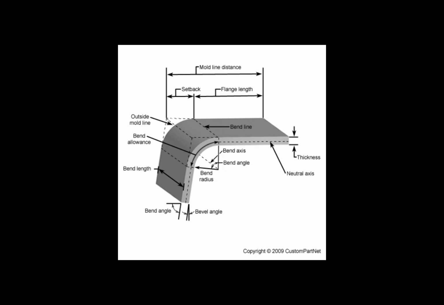Area that neither stretches nor shrinks when the metal is being bent. What kind of metal forming is done by a slip roll former? Simple curves with large radiuses.